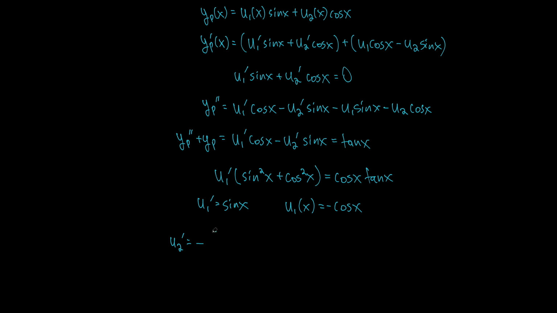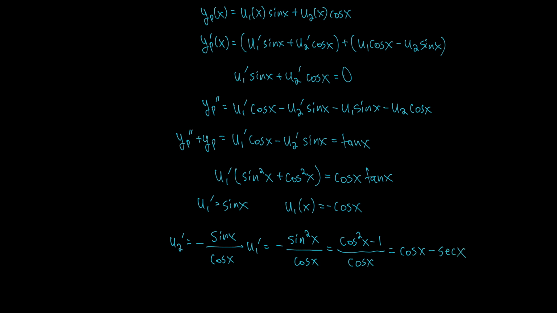So we'll write that minus sine x over cosine x times u1 prime, and that's the same thing as minus sine squared x over cosine, because we know what u1 prime is, it's sine, and sine squared is 1 minus cosine squared, so I can make this cosine squared minus 1 by incorporating this negative, and then cosine squared divided by cosine is cosine, and 1 over cosine is secant. So that's what u2 prime is.